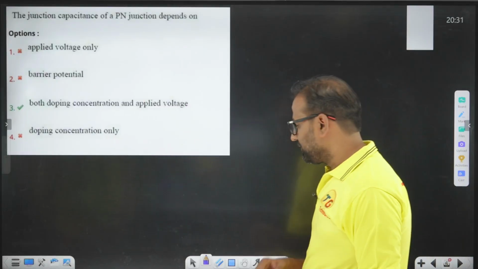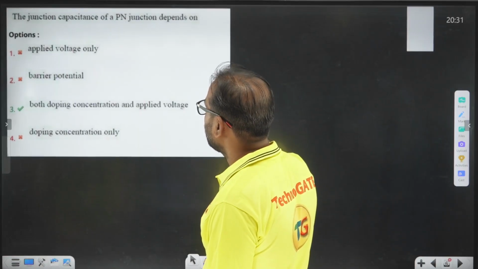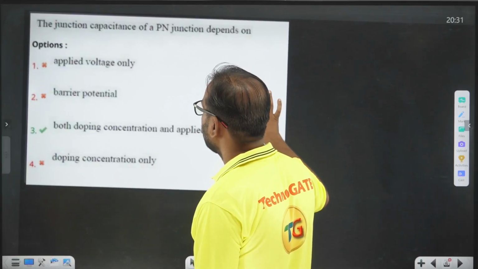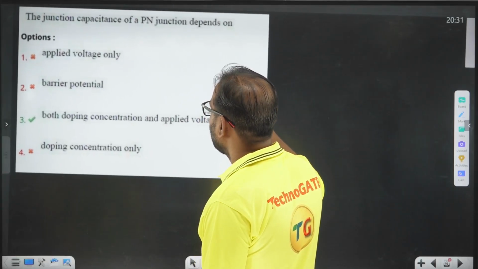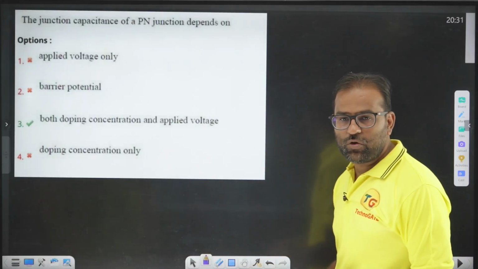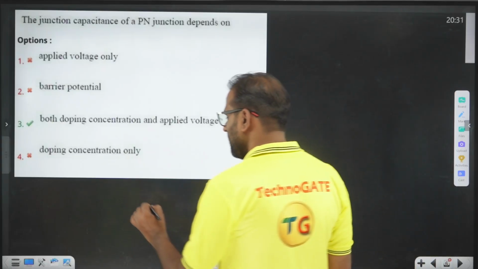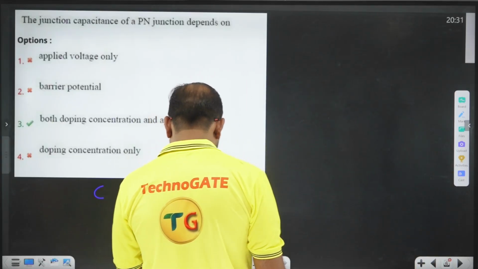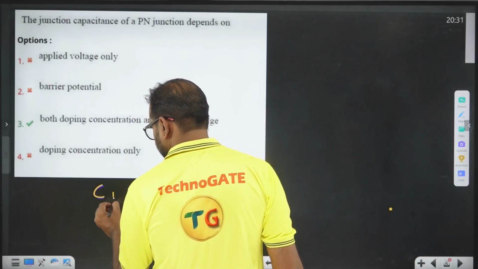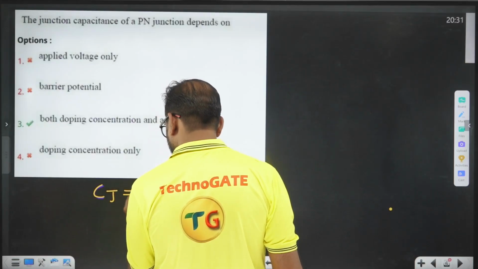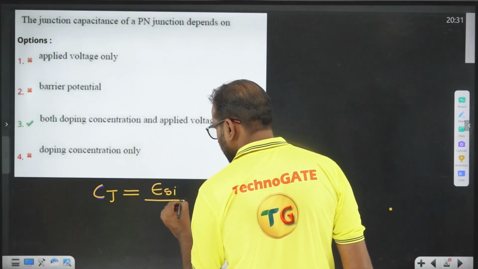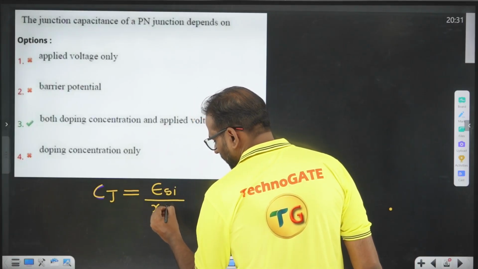Next, the junction capacitance of a PN junction depends on, they are asking about junction capacitance. Always remember, junction capacitance of a junction depends on epsilon of Si, the permittivity of silicon, divided by the width of the depletion layer.